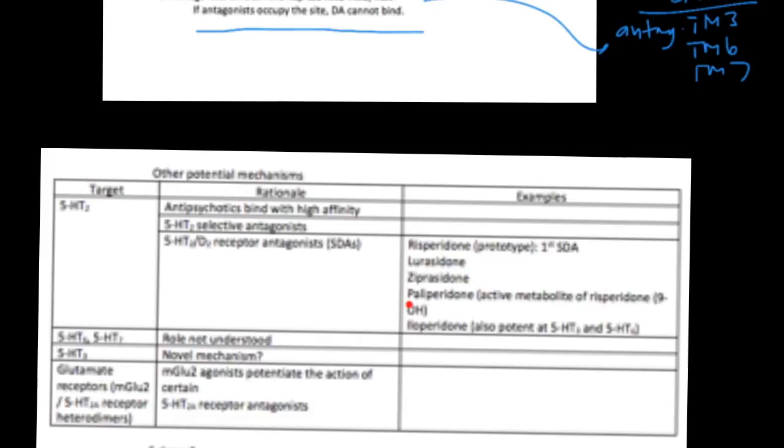Geodon. Paliperidone, which is the active metabolite of risperidone, namely the 9-hydroxyl form, and haloperidol, which is also potent at the 5-HT3 and 5-HT6 receptors. I'm going through this fast because it's pretty self-explanatory. Not really much chemistry, just a lot of biology and words.